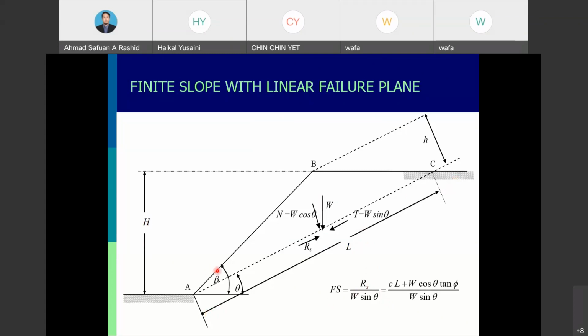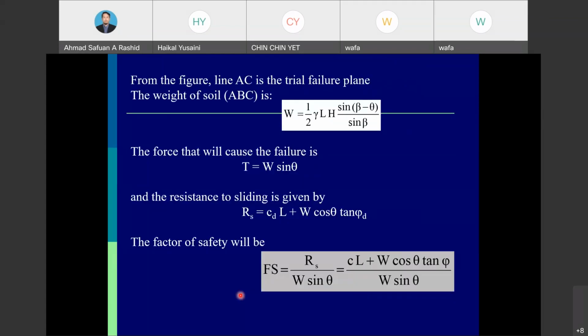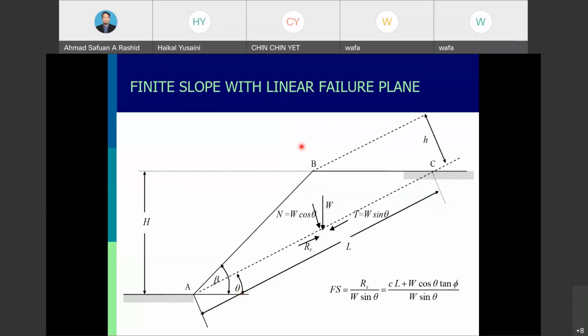This is the geometry. This is the angle of the slope, which is beta, while the potential linear failure plane is theta, which will be used in these calculations. From the figure, line AC is the trial failure plane, and the weight is that of block ABC.